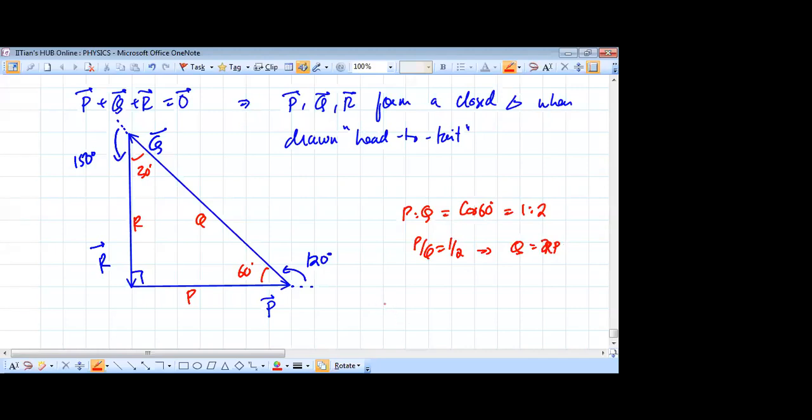And again, here we can use that R is to P is perpendicular upon base, so that's tan 60. So R has to be equal to root 3 times P. So Q is twice of P and R is root 3 times P. So it will give you the same result that we got for P is to Q is to R.